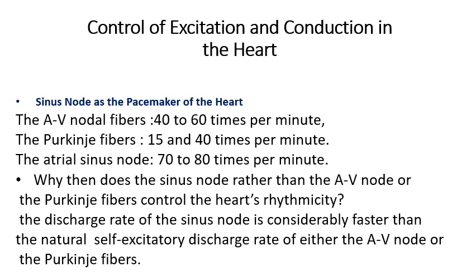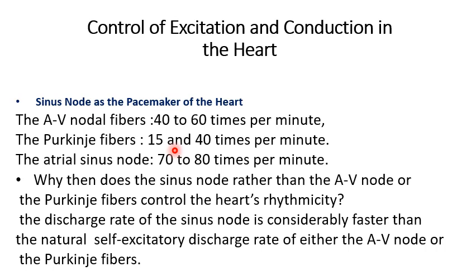So how did we figure out that the SA node is the pacemaker of the heart? Actually, there are three places that have the autorhythmic capability, which are the sinoatrial node, the AV node, and the Purkinje fibers.